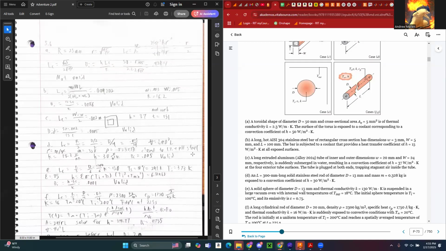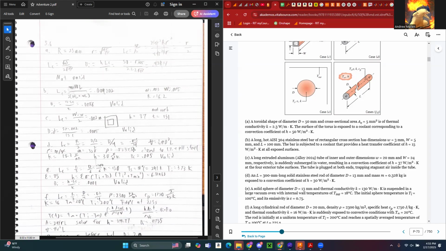So the volume of a cylinder is just pi r squared times the length, or 1/4 pi d squared times the length. Once we have the volume, we divide the mass by said volume, giving us in this instance a density of 8,237.13 kilograms per meter cubed.